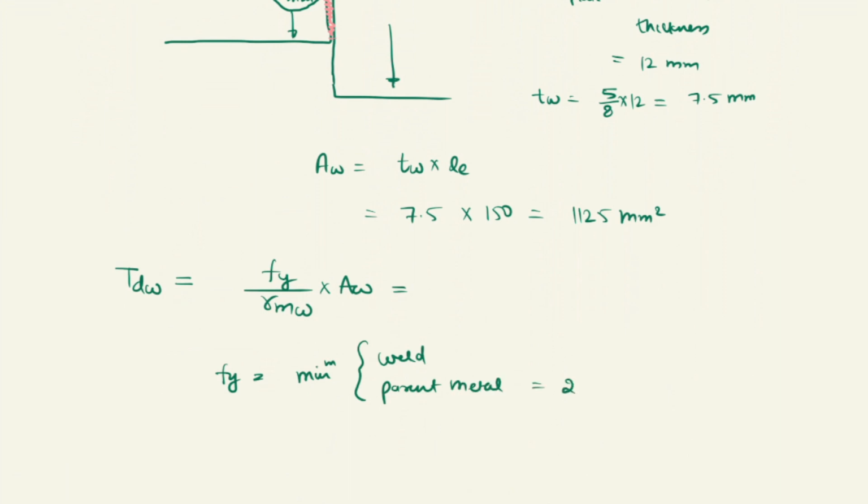Parent metal yield strength is 250 Newton per mm square and weld is 260 Newton per mm square. So it's going to be governed by the parent metal.